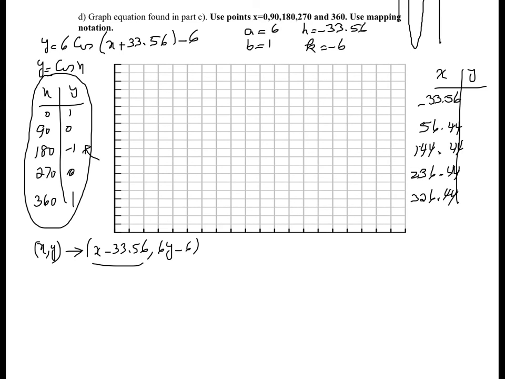Now for the y value, when y is 1, 6 times 1 minus 6 is 0. When y is 0, we get negative 6. When y is negative 1, we get negative 12. When y is 0, we get negative 6. And when y is 1, we get 0. So we have to plot this table of values now.